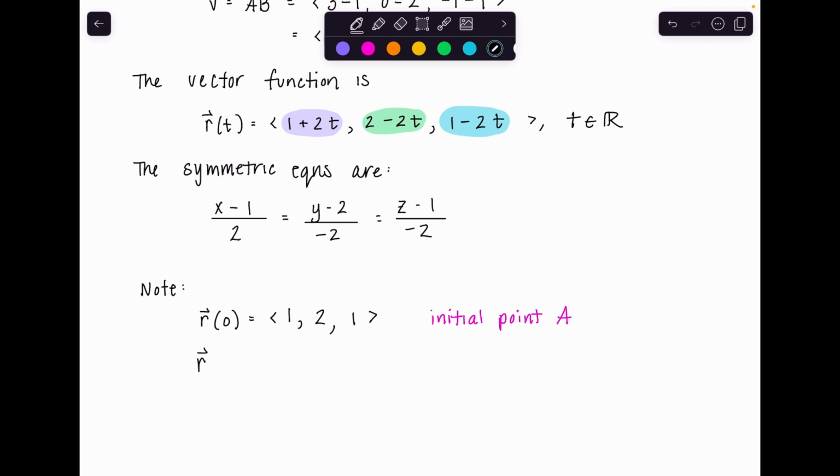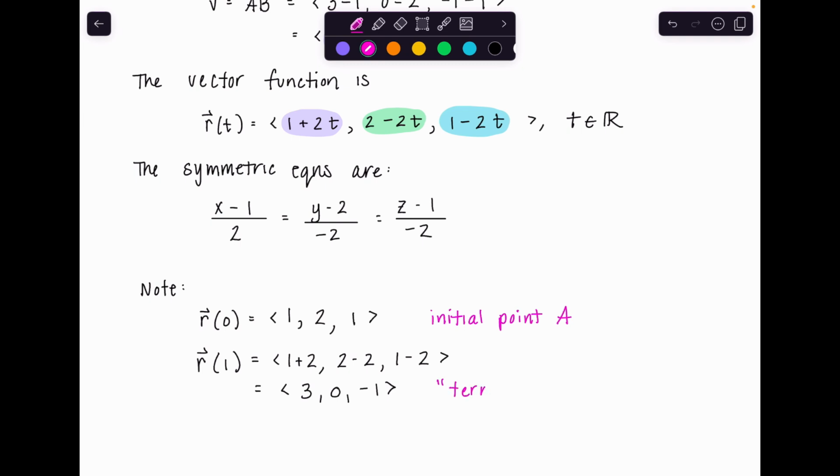And then if I plug in 1, that's going to give me 1 plus 2. Then it'll give me 2 minus 2 and 1 minus 2, which is exactly 3, 0, negative 1. So this is the second point that I used.